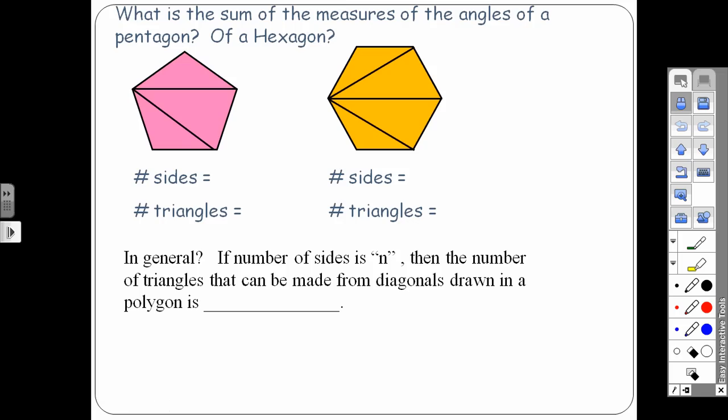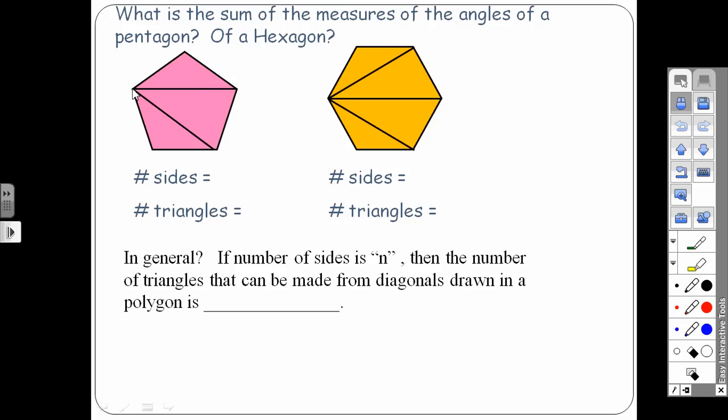Okay, so let's go here. We're going to explore how to figure out the sum of the measures of the angles of a polygon. So let's take a look at the pentagon and the hexagon. If you don't have a formula, what you would want to do is to break up your shape into the least number of triangles that you could come up with.